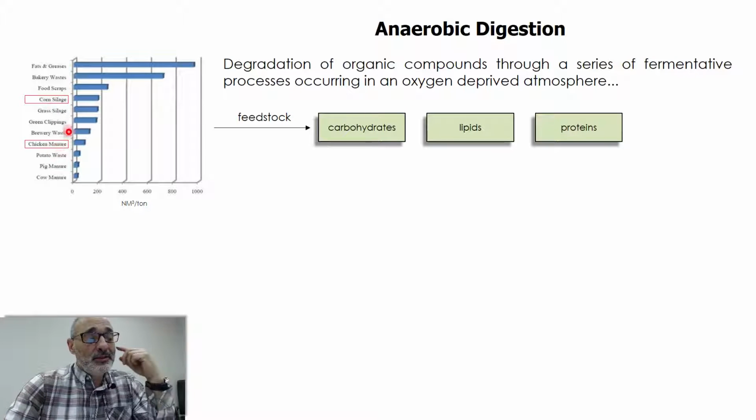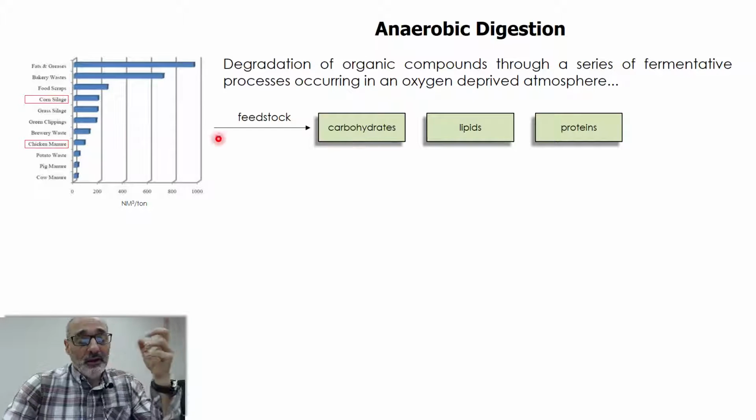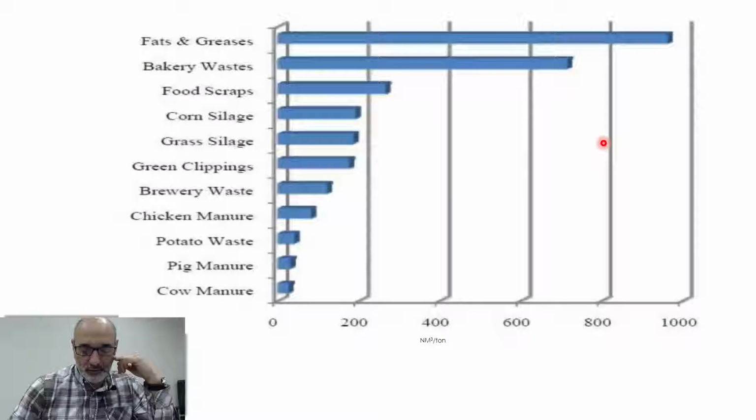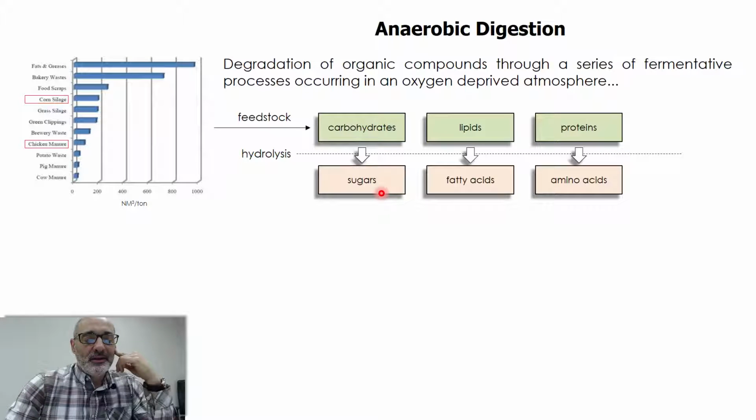Okay, so the idea is that you have this raw material, and these raw materials have, let's say, carbohydrates, corn silage, for instance, lipids and proteins. The first layer of reactions is hydrolysis.